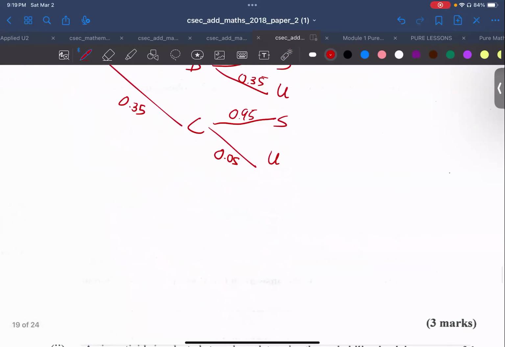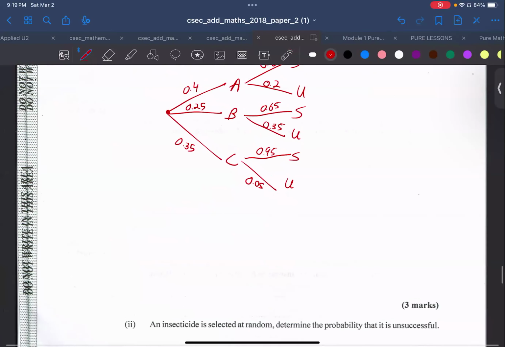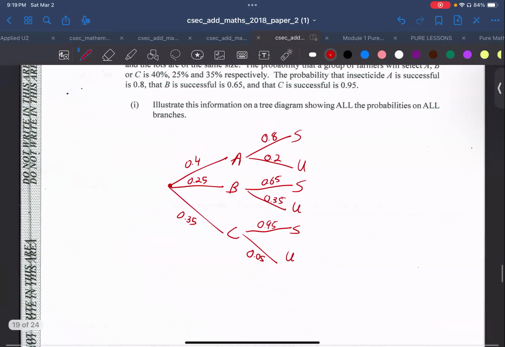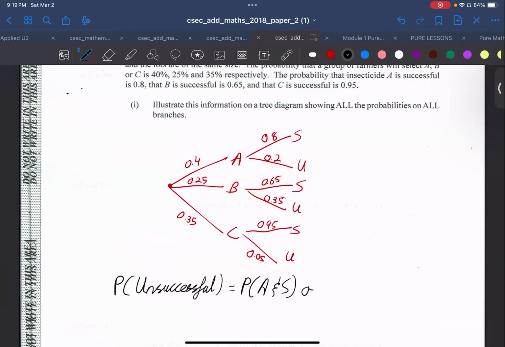Good. The next part, determine the probability that it was unsuccessful. It would be probability of A and unsuccessful, or probability of B and unsuccessful, or the probability of C and unsuccessful. Now remember what I said, with and you multiply.